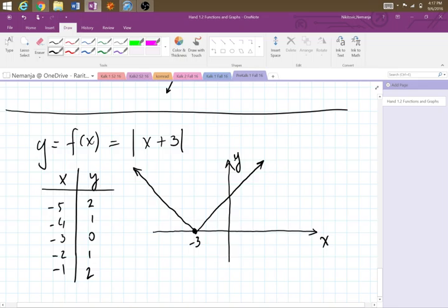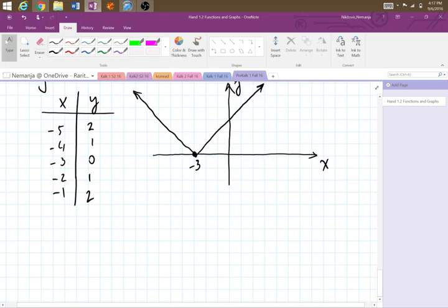At negative 3x, we have 0 for y, so that's the point at negative 3. And then we go into a V shape to the left and to the right. Now, it's very important, guys, to see that this one has a spike at negative 3.